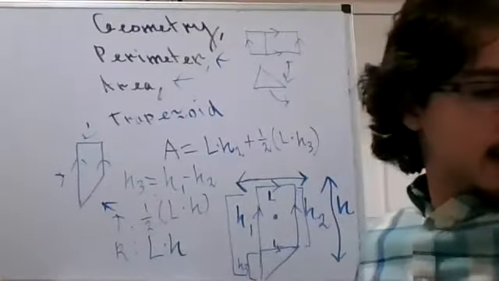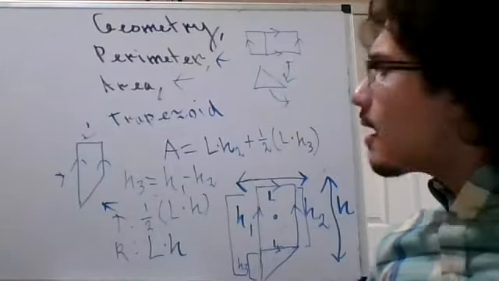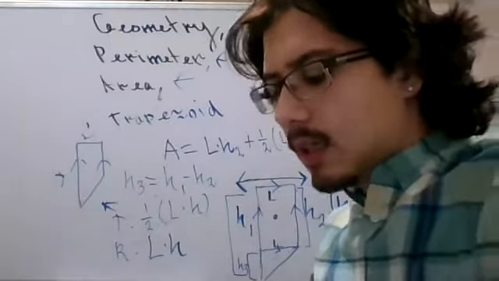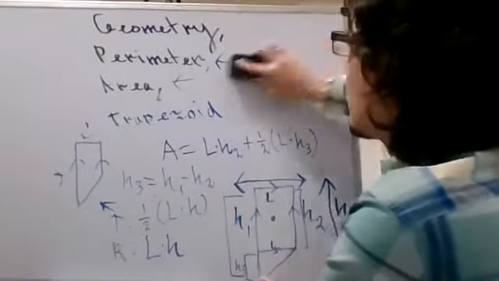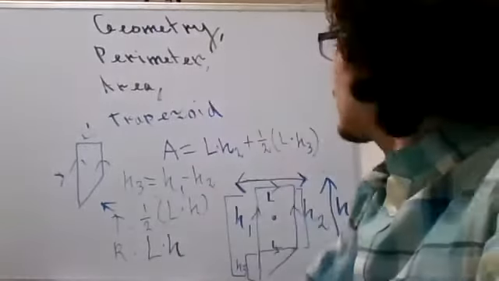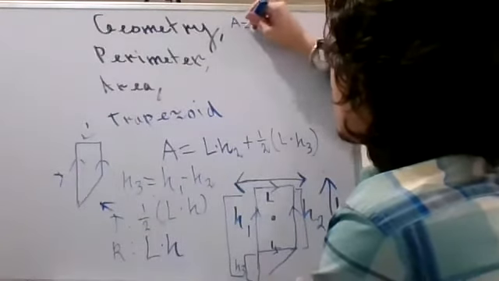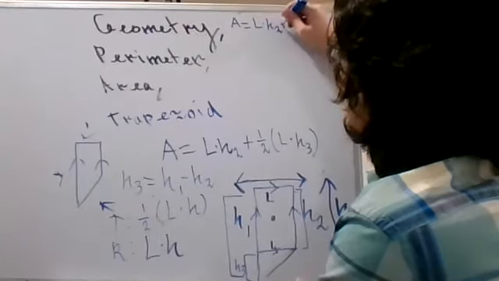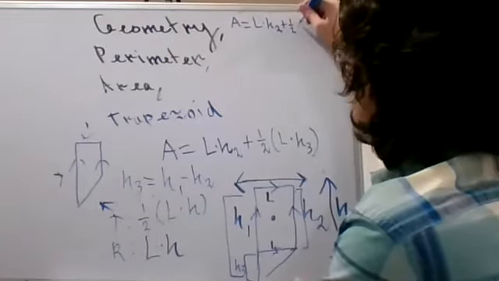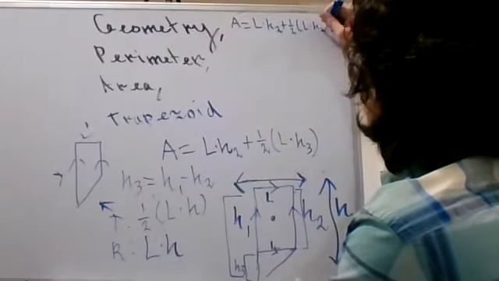Any questions so far? No, sir. Okay. So now we're going to be doing a little bit of longer math. So as we have it, area is equal to length times height 2 plus 1/2 of length times height 3.